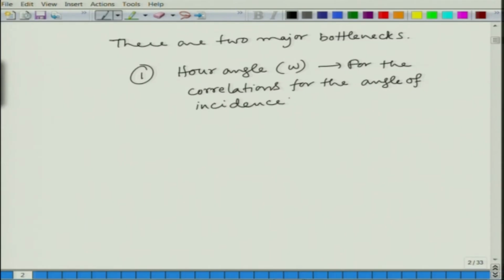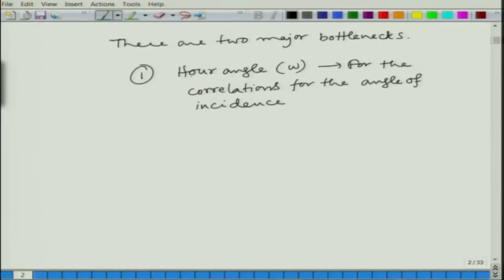As we discussed, angle of incidence is a key angle which determines the intensity that is available to the solar collector surface. So, hour angle is what we have looked at.